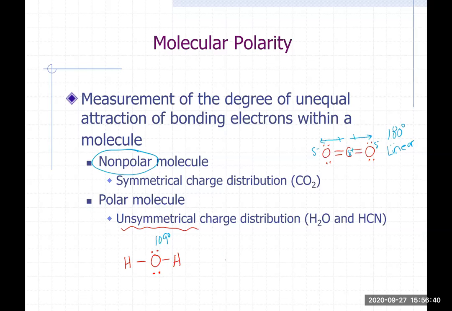So to draw those 109-degree bond angles and draw the VSEPR structure from the Lewis structure, we have oxygen here, and we have hydrogens like this, and our lone pairs are here. That gives us the 109-degree bond angle that we were looking for between these 2 hydrogens.